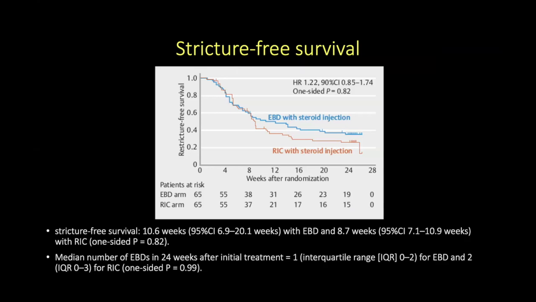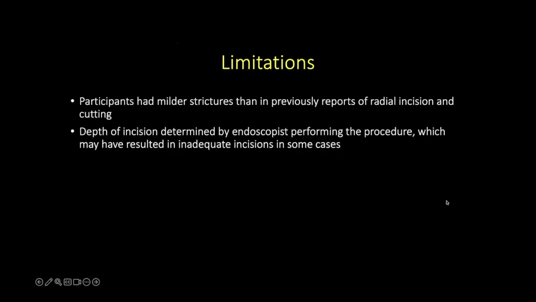The median number of balloon dilations in 24 weeks after the initial treatment and enrollment was 1 for balloon dilation and 2 for the radial incision group with a one-sided p-value of 0.99. So there was no significant difference between the two groups.